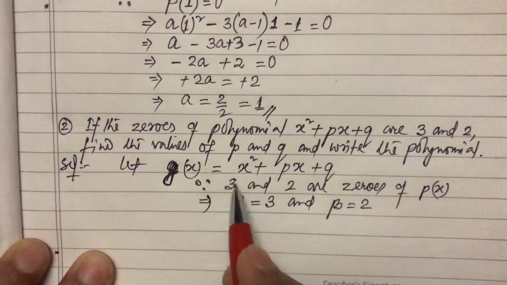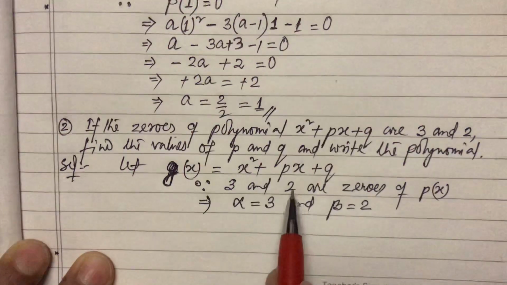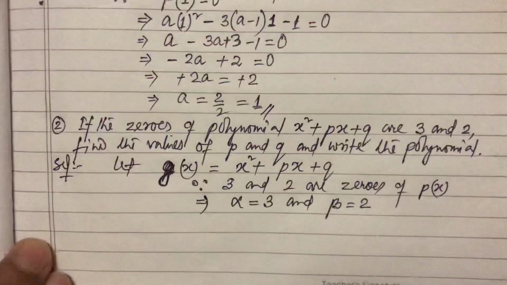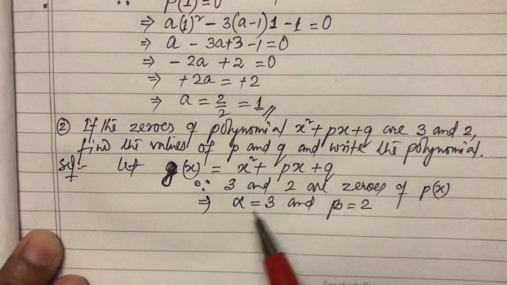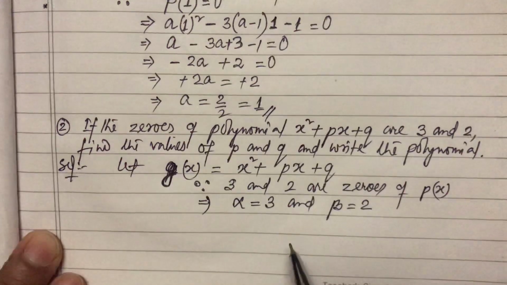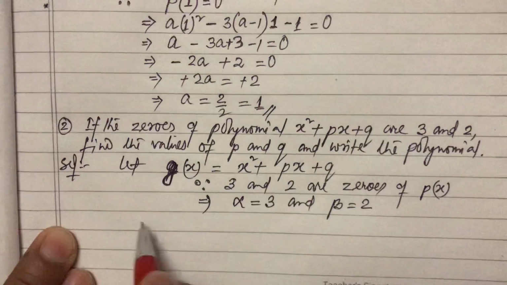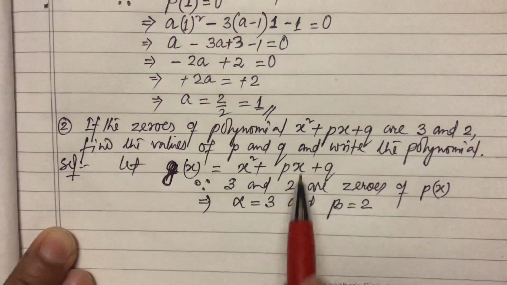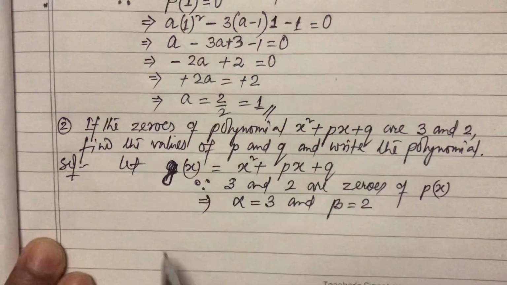We can write in any order. We can even change alpha to 2 and beta to 3, that will make no difference. Fine. Now here we will see the relationship between zeros and coefficients. Because we know both the zeros and we have this with us, we can easily do it.